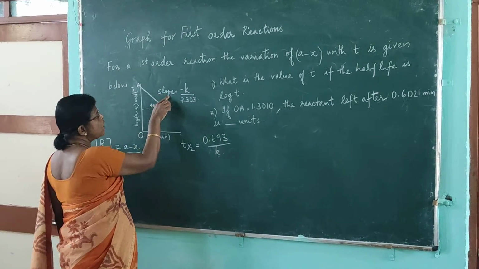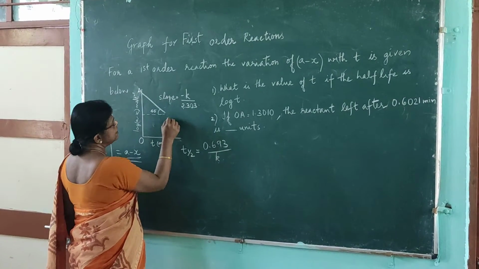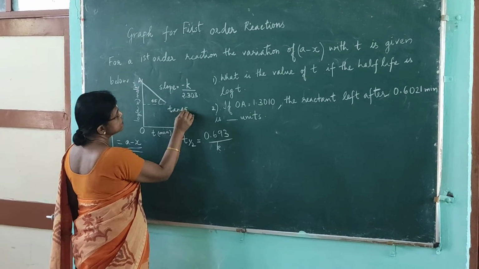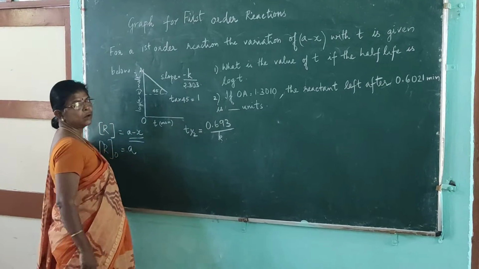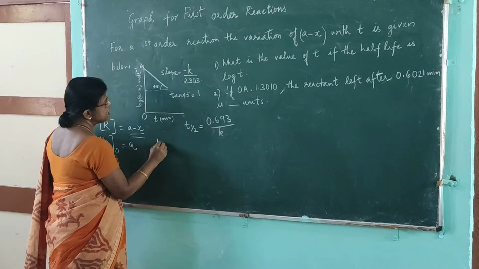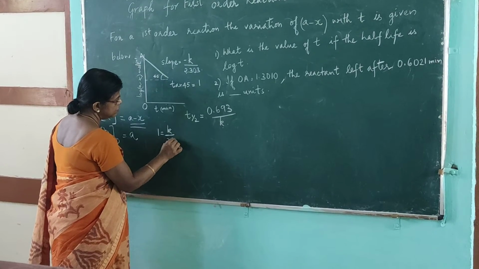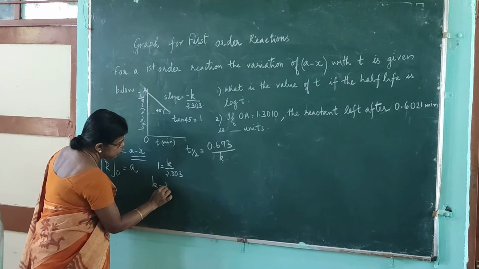So what is the value of slope? Slope is tan theta, so it is tan 45. Tan 45 is 1. So 1 is equal to K upon 2.303, or K is equal to 2.303.